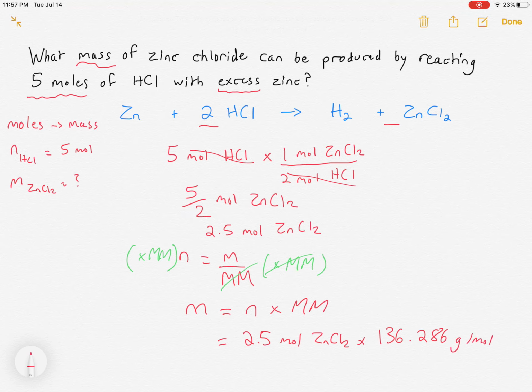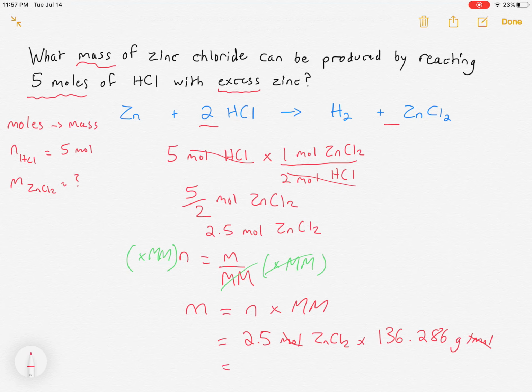And then, right, we can always pay attention to our units to make sure it's correct. The moles will cancel out because moles is in the numerator here, as in moles are on the top over an imaginary denominator of 1, and then moles are in the denominator of grams per mole here. So the moles cancel out, giving us only grams.